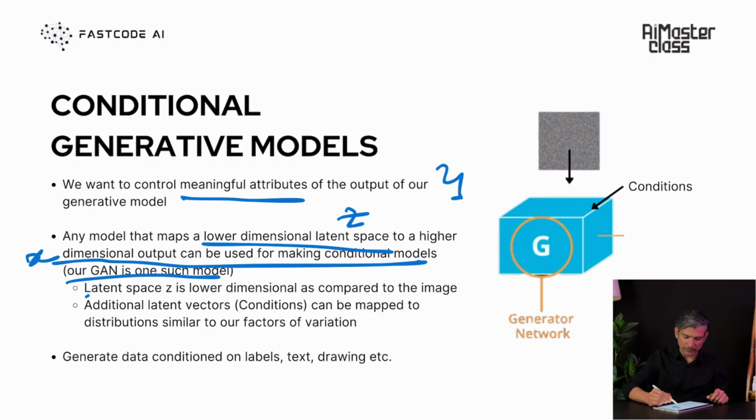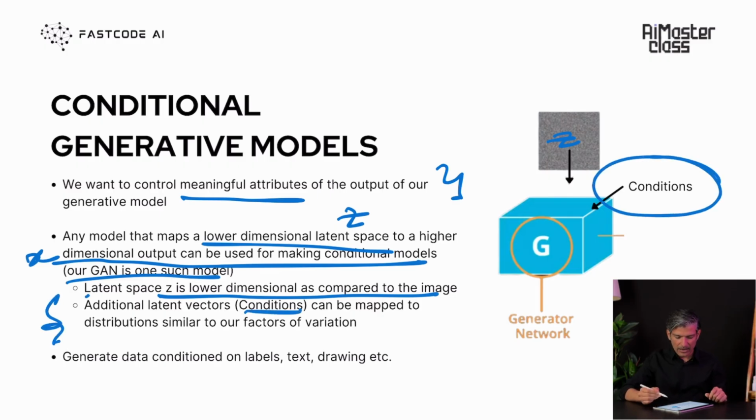Like we've discussed many times, this Z is lower dimensional as compared to the input image. Additional latent vectors, conditions, can then be added, which will be mapped to distributions similar to our factors of variation in data. And this condition can be of many types, and we will see what people have done with this next.